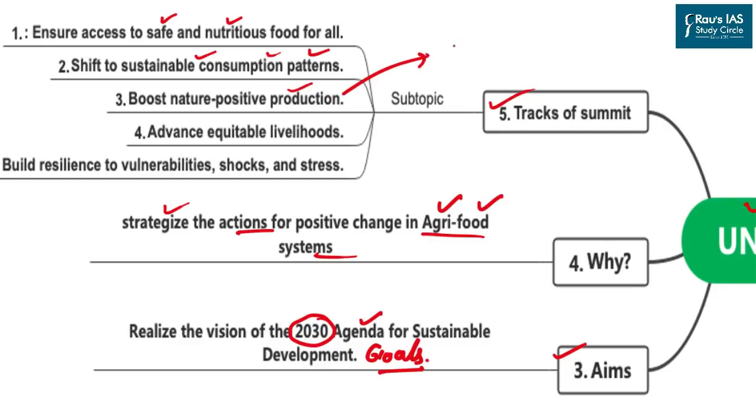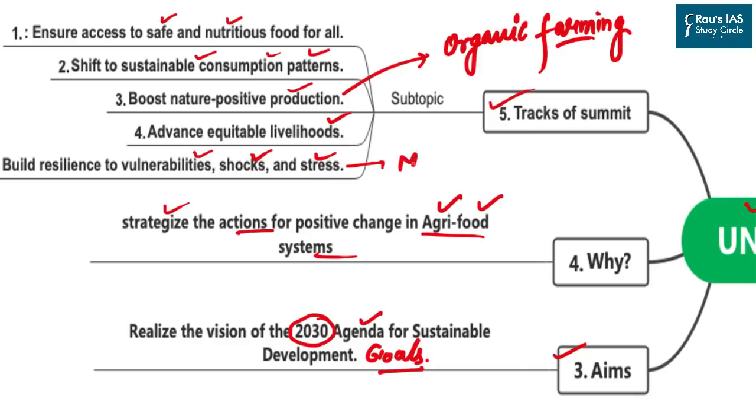Here the simple example is your organic farming. Then we have advanced equitable livelihood system where the best beneficiary would be the farmer. And the last one is building resilience to vulnerabilities, shocks and stress. Here we need to provide mitigation and adaptation to the climate change activities on agriculture.